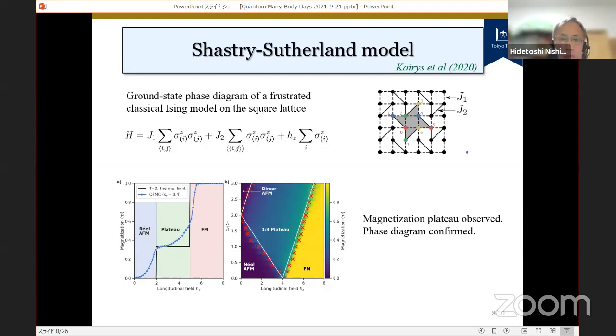So in this way, they confirmed the phase diagram and the plateau structure of the magnetization of the Shastry-Sutherland model by quantum simulation on the superconducting qubit chip. So these are two recent interesting examples of quantum simulation by quantum annealing.